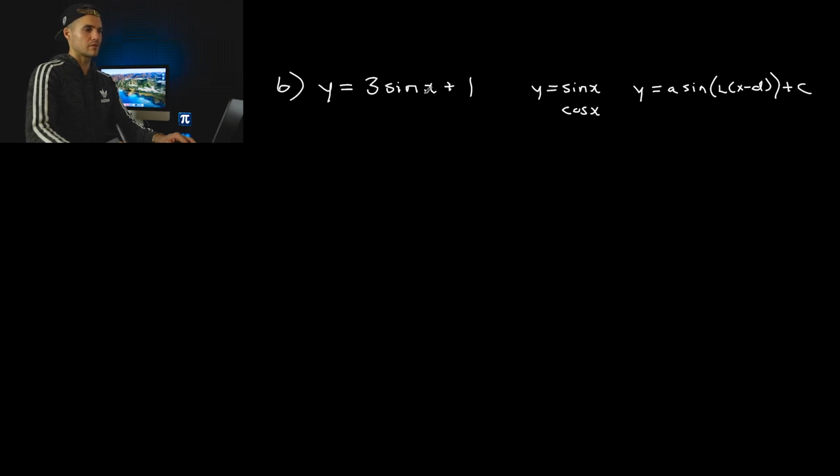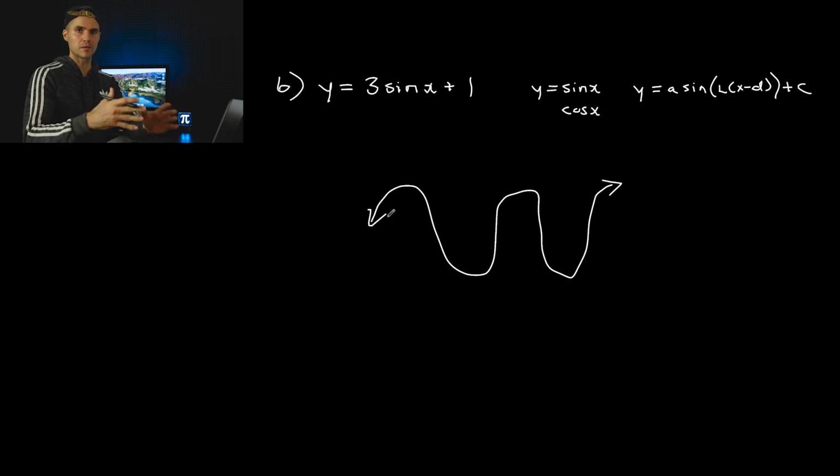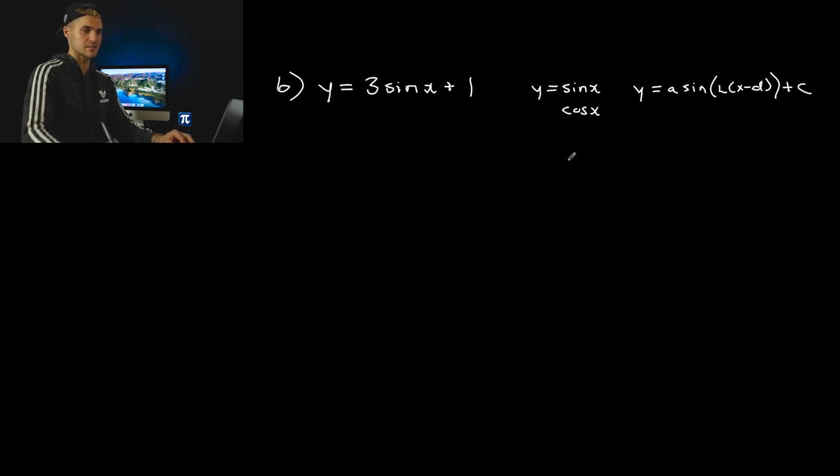Now, if you remember sinusoidal functions, right, they go on forever, basically. Again, unless it's a word problem, maybe the domain is going to be restricted, but this is just going to be a wave that goes on forever, sine x and cos x. And so the general format for the domain, if you remember, it's just x ∈ ℝ for all sinusoidal functions, sine x or cos x. So this function is going to have a domain of x ∈ ℝ. It's going to go from negative infinity to positive infinity.